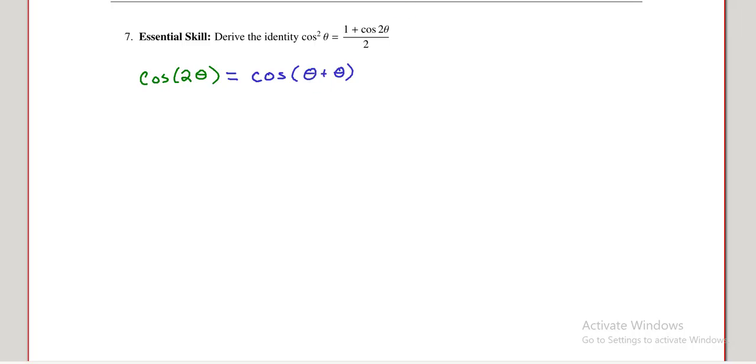And then we'll make use of our sum difference angle identities for cosine. So as a reminder, if I take the cosine of alpha plus minus beta, this was equal to cosine alpha cosine beta, and then watch it, minus plus sine alpha sine beta. So these were the sum and difference angle identities for cosine that we tested you on in the last unit.